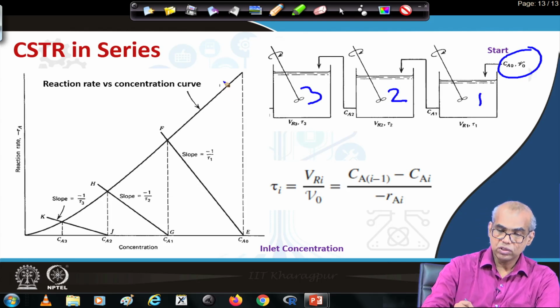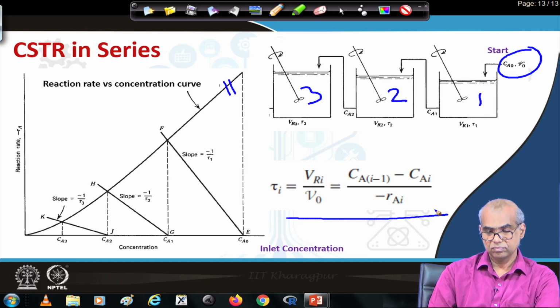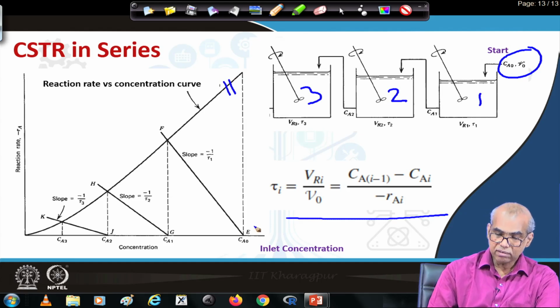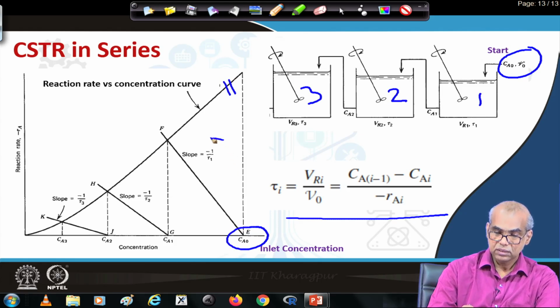So, let us draw the reaction rate versus concentration curve. Find out tau 1, tau 2, tau 3 for all 3 reactors. Locate the inlet concentration on the concentration axis. From this point, you draw a straight line with slope minus 1 by tau 1.